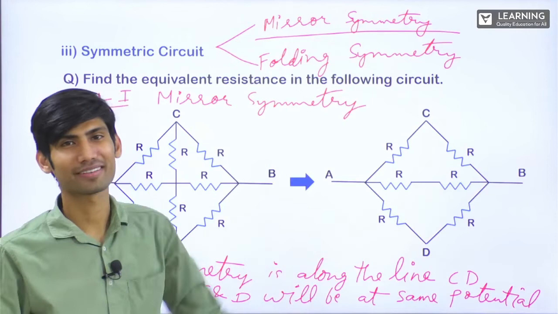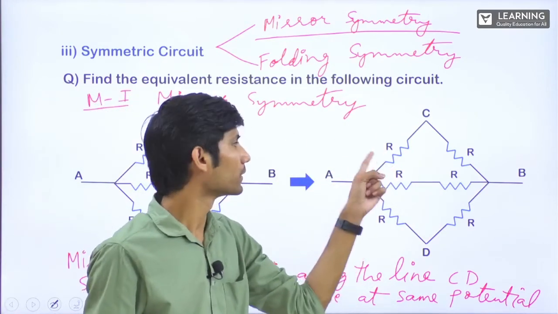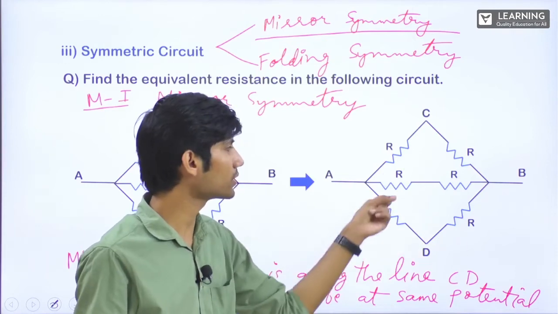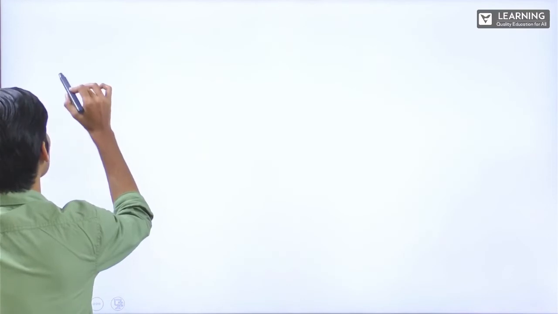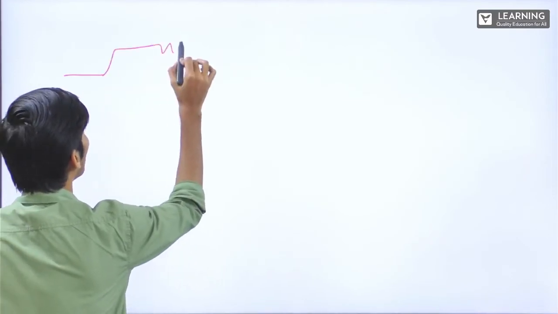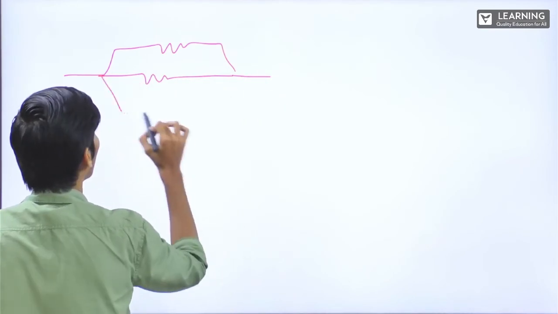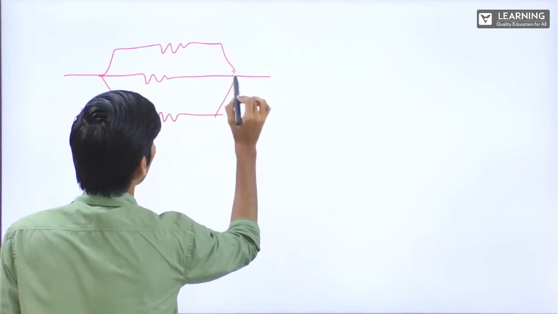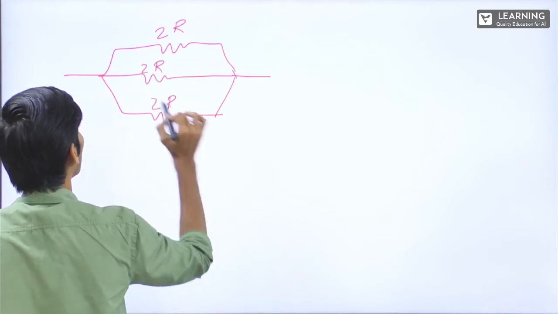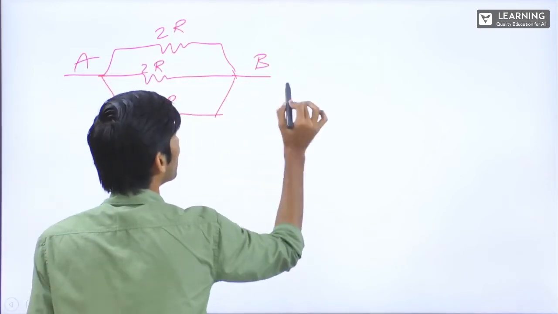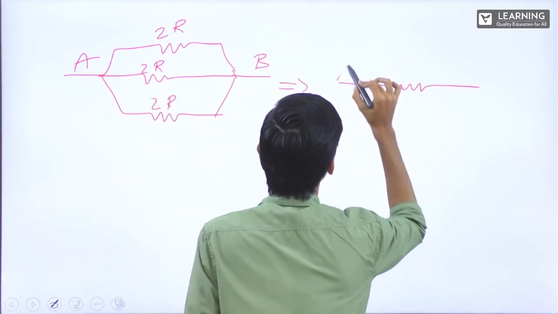Now can you solve it? Yes, right? Now it is easy to solve. These two are in series, these two are in series, these two are in series. So the circuit will be 2R, 2R, 2R between A and B. From here, we will get the equivalent resistance.